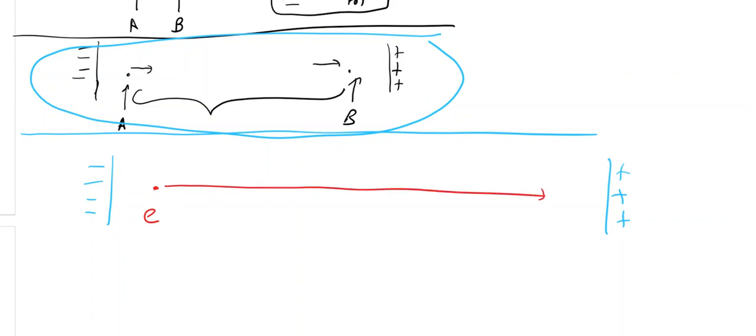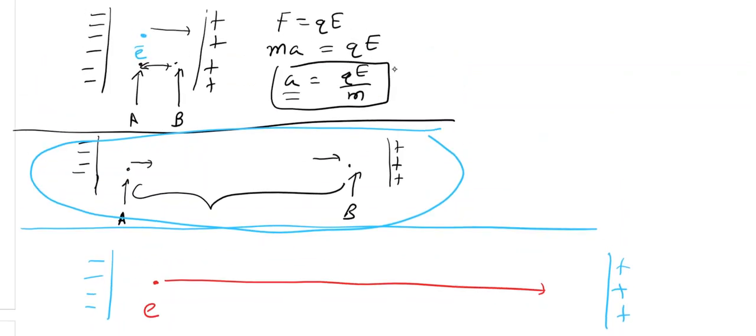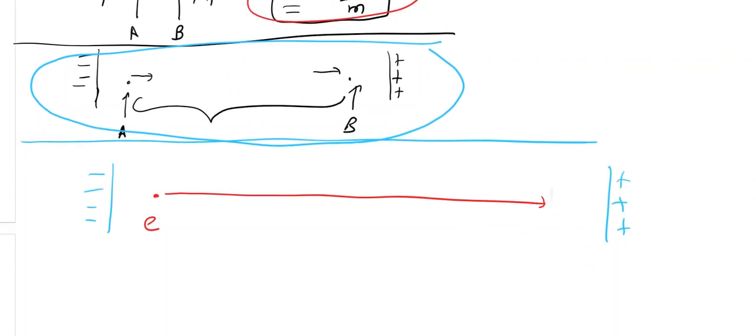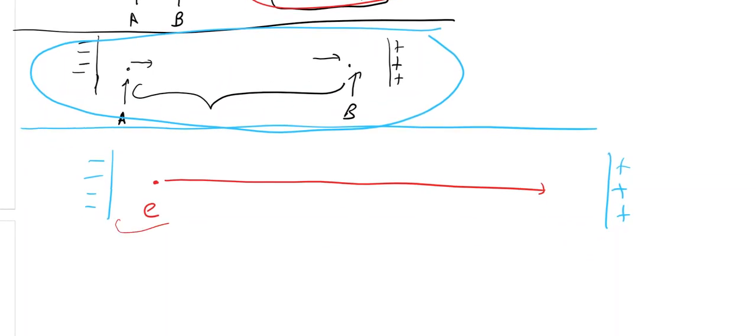Because the more the distance, the more will be the velocity. According to this equation, the motion is accelerated motion. So if it is traveling for 2 seconds, it will have some velocity. If it travels for 5 seconds, its velocity will be much more. And what is the practical problem? The practical problem is you cannot have a uniform or strong electric field over a large distance.